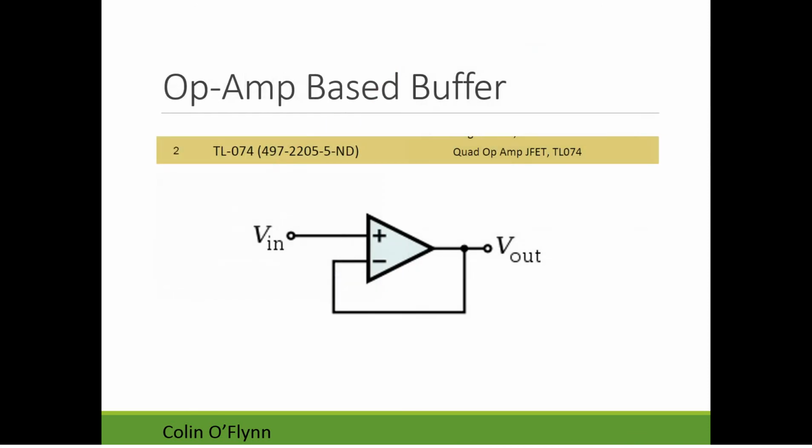Okay. The other option you have is operational amplifiers, or op amps. You have 2 of them in your kit, and each one has 4 op amps in it, so you have a total of 8 op amps. One op amp is this little triangle with plus and minus. We'll talk a little more about these later, but very briefly, there are 3 terminals to an op amp.